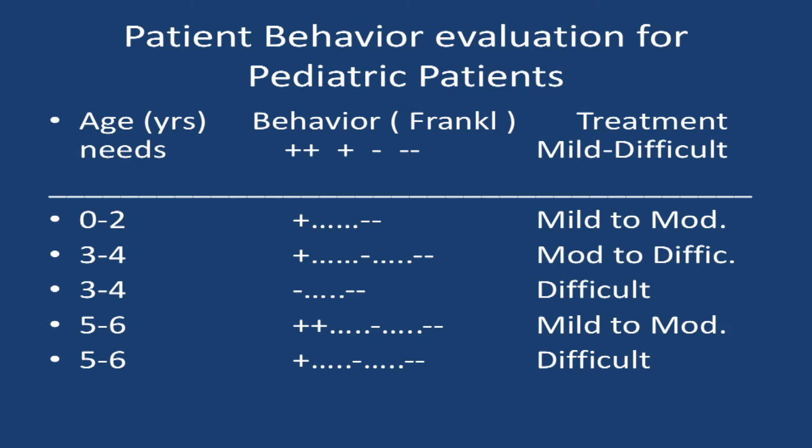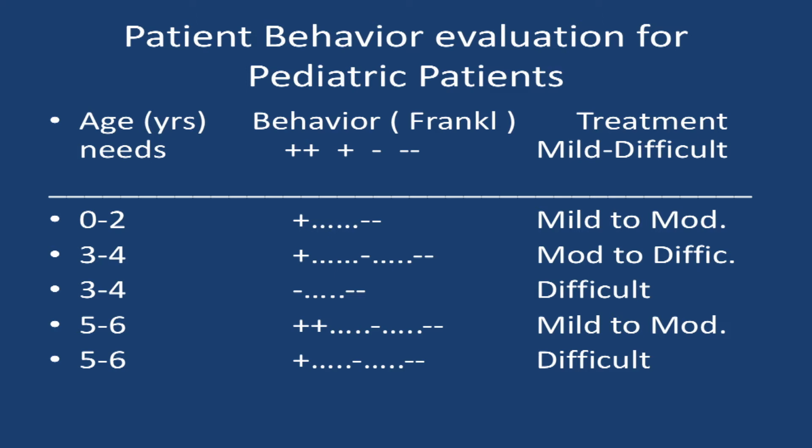However, those behaviors are affected by the age of the patient. You will see at the left-hand side of the chart, patients that are 0 to 2 years of age have mild to moderate treatment difficulties. Patients that are 3 to 4 have moderate to difficult. Patients at 3 or 4 can also be very difficult.